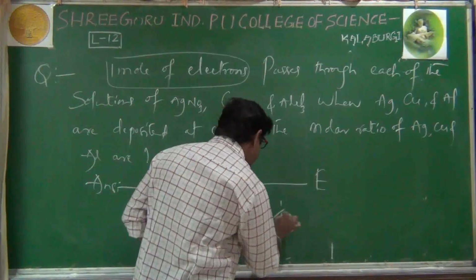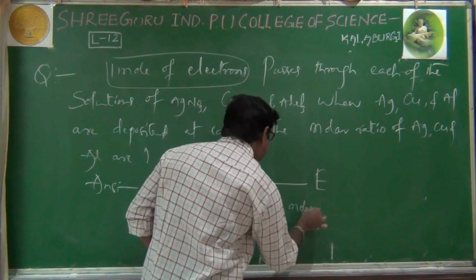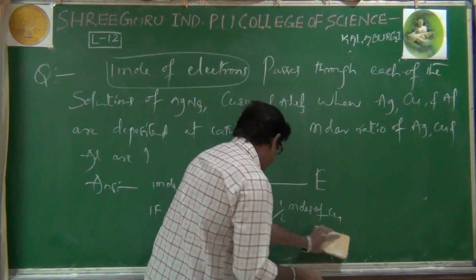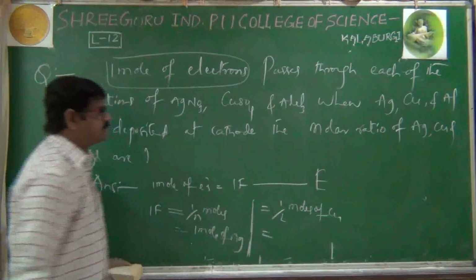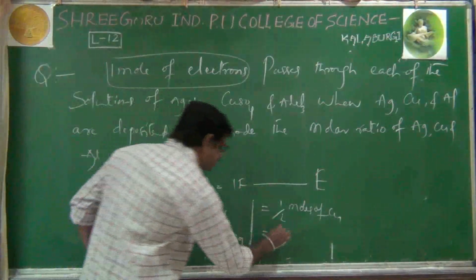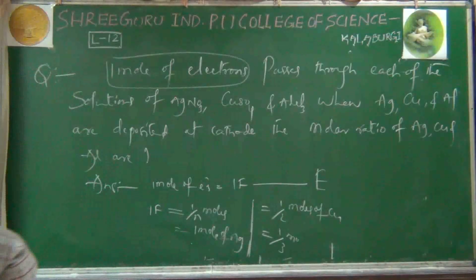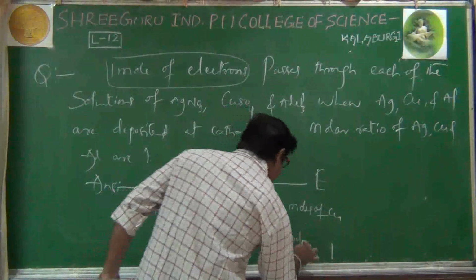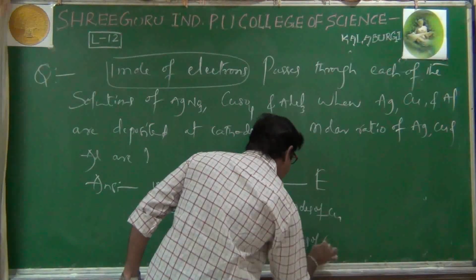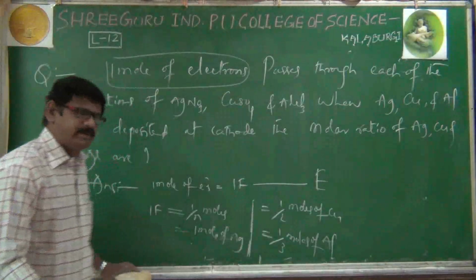Therefore, you will get 1 by 2 moles of copper deposited. Then as far as aluminum is concerned, 1 by 3 moles of aluminum deposited.